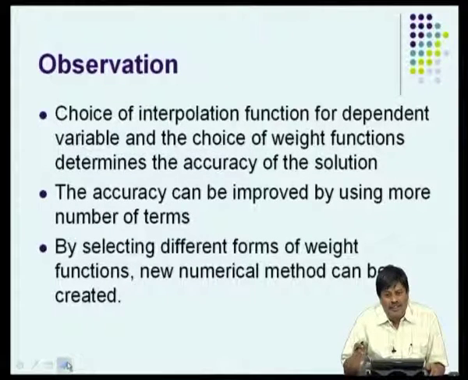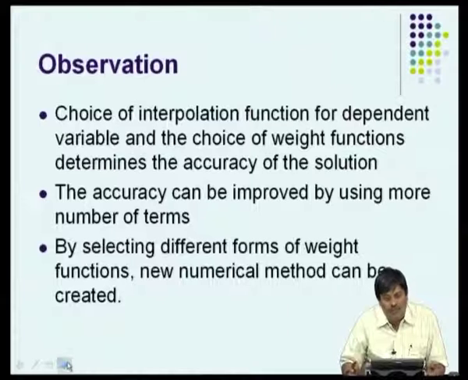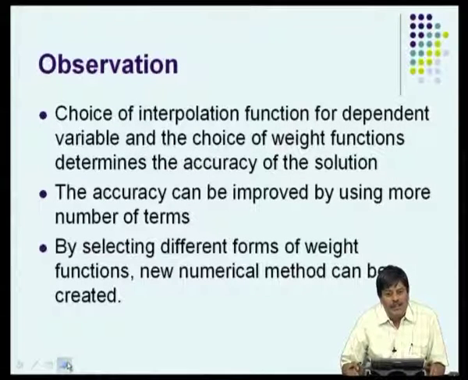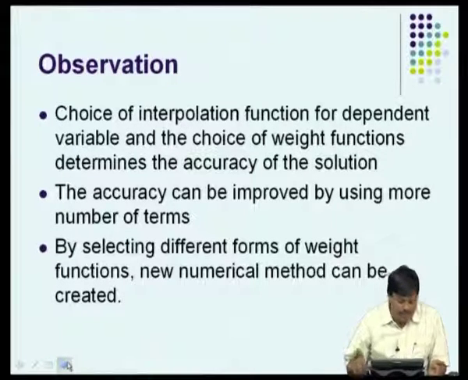And the higher order approximation depends upon what is there on the right hand side, the forcing term. Is it going to be a linear force or a quadratic force or a cubic force, etc.? And by selecting different forms of weight functions, we can construct new numerical methods. So, that is what we have seen in this lecture.